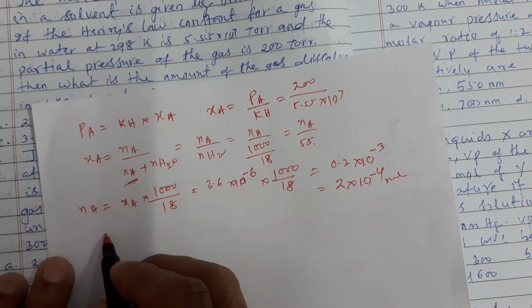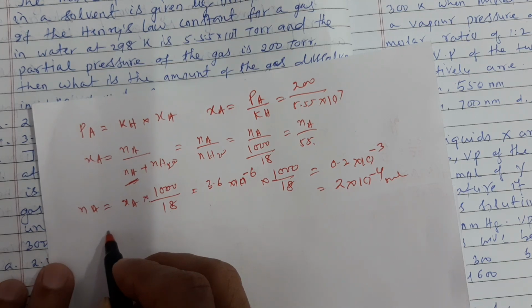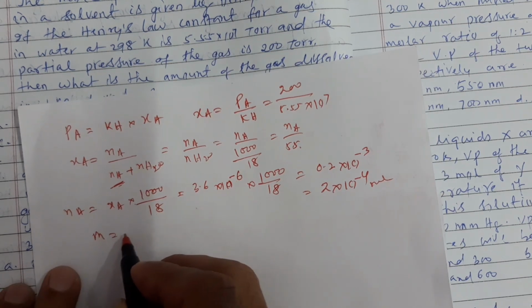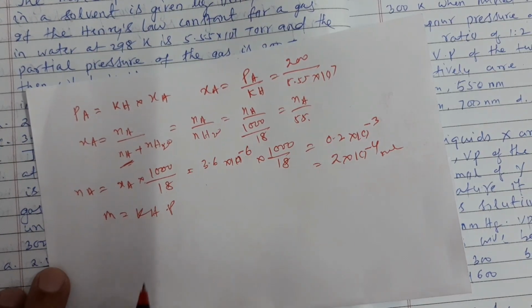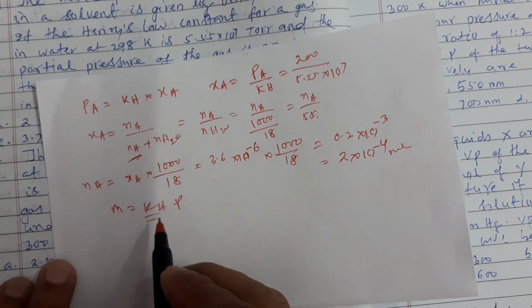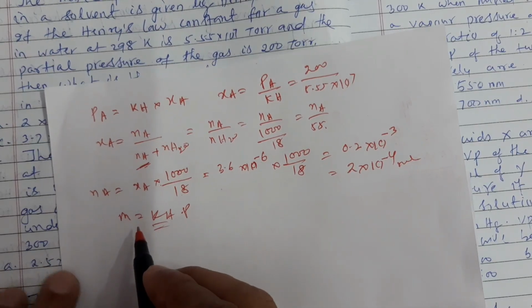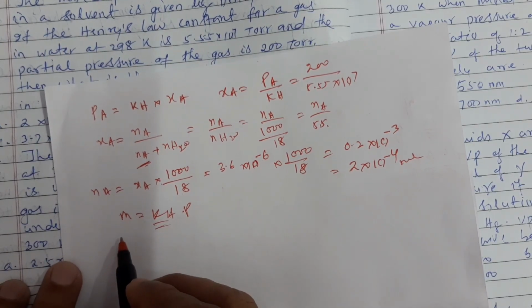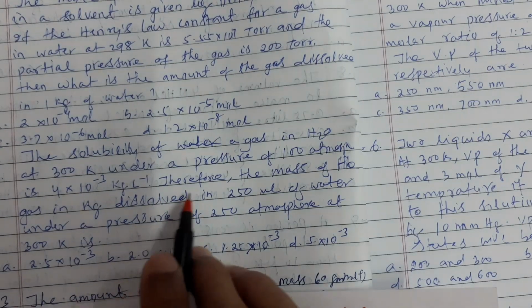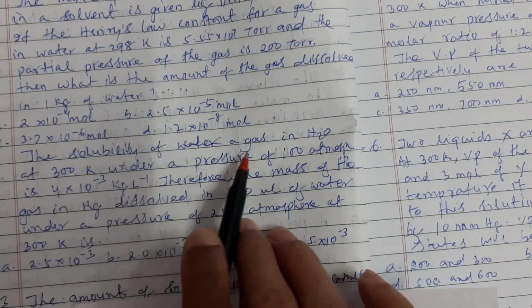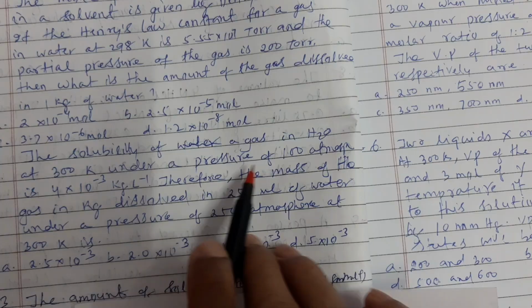P is equal to KH times the mole fraction, where KH is the Henry's constant, which is different for different gases. The solubility of a gas in water depends on the partial pressure.